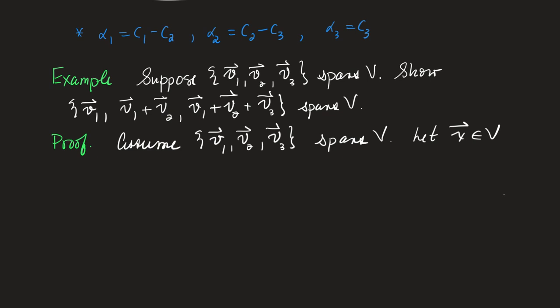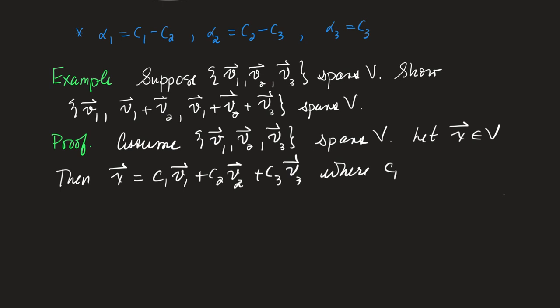Since that set spans, we know that x can be written as, using C1, C2, and C3 as above, specific constants C1, C2, and C3 in R. Now I want to show that x can be written as a linear combination of these three, and I know what I should use for my coefficients. I should use that, that, and that. Let's show that that works.